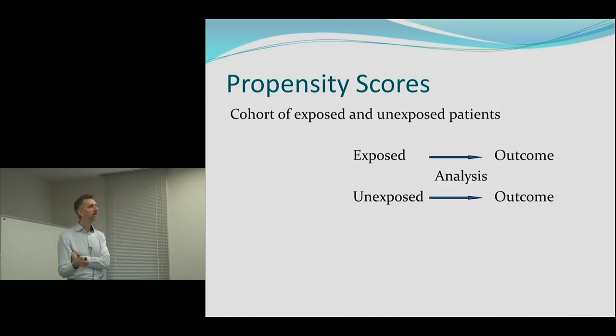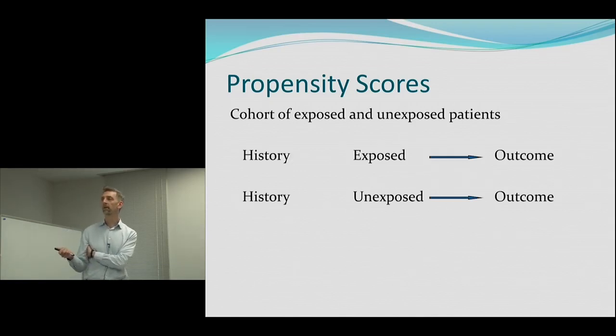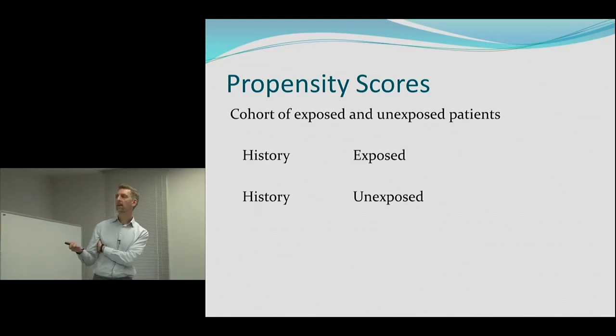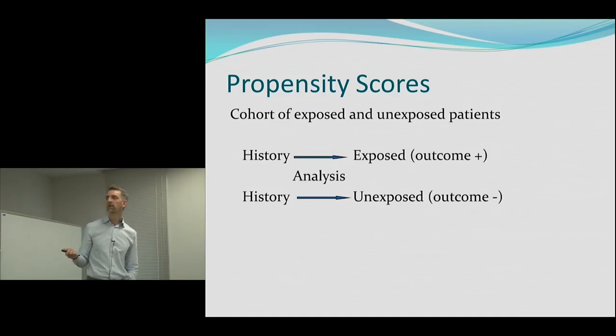But to use a propensity score, we start off by ignoring this bit, and instead we look back in the patient's medical history and we look for the association between having the exposure and various things in your medical history.